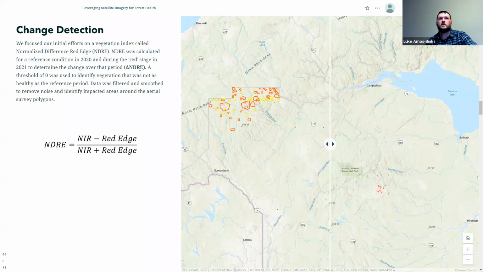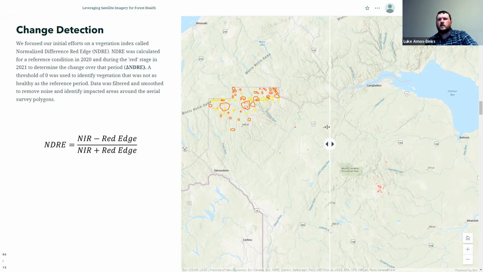We use delta NDRE as a symbol of that index. And we use the threshold of 0 to identify vegetation that was not as healthy as the reference period. We had to do some filtering and smoothing to remove noise and try and identify these impacted areas near the aerial survey polygons.